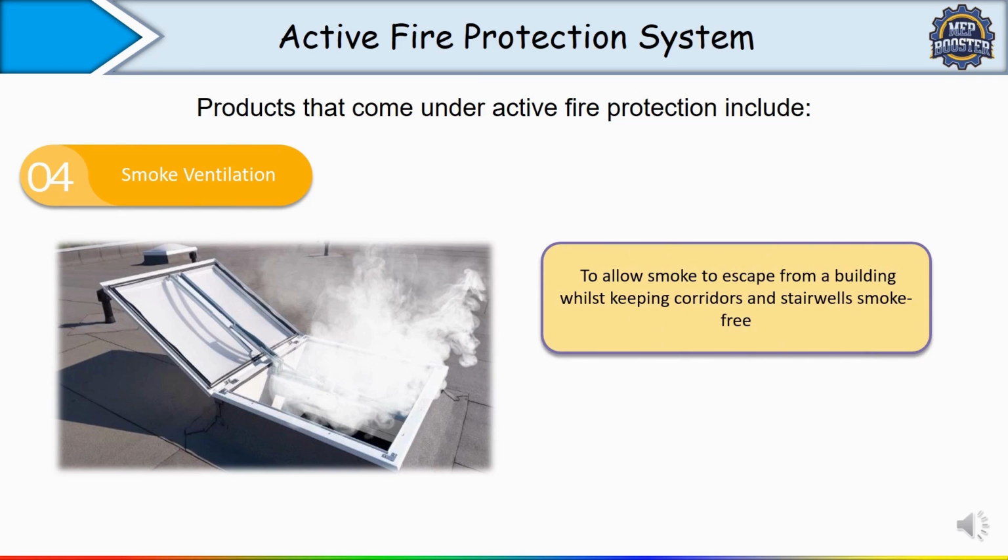This system removes smoke from the building to improve visibility and reduce smoke inhalation hazards during a fire. For that we use a smoke extractor, a fan or ventilator that removes smoke from the building, and we also use a smoke curtain, a barrier that directs smoke towards a vent. Okay.